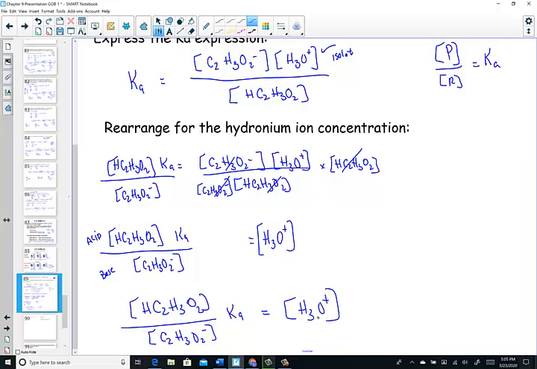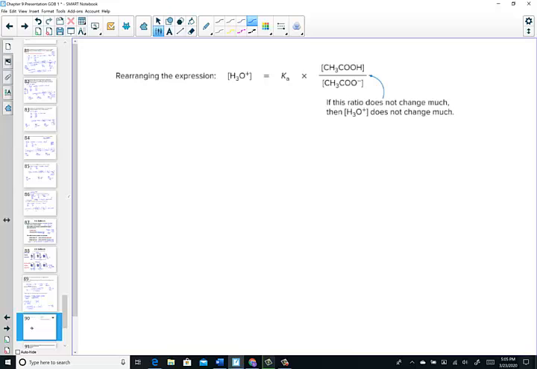All righty, well now what? If we take the negative log of both sides, we get something called a P, right? A pH, a pKa. And let's show what that looks like. When we take the negative log of both sides, we find that rearranging just to represent the conjugate acid and the conjugate base over each other in this ratio.